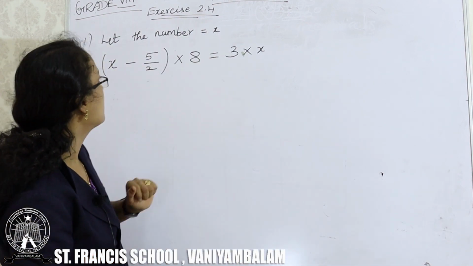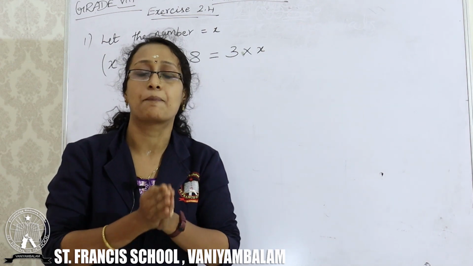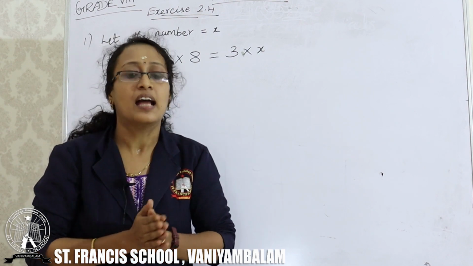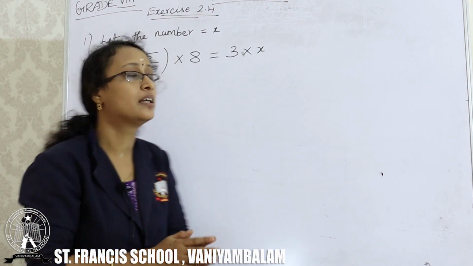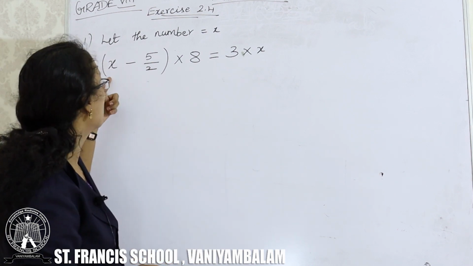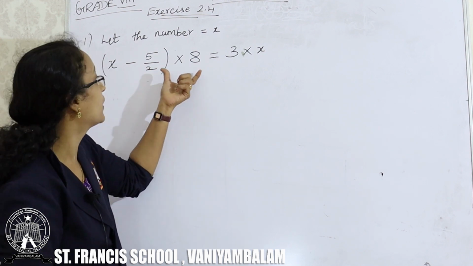So we took x here, and it is given, Amina thinks of a number. So let us take the number to be x, and Amina subtracts 5 by 2 from the number. Number is x, and multiplying the result with 8.